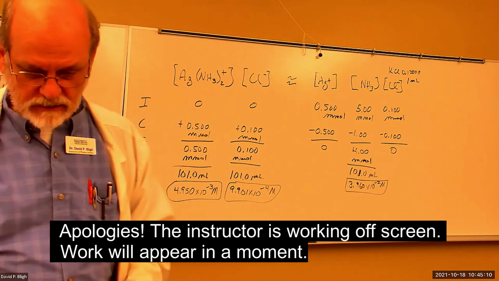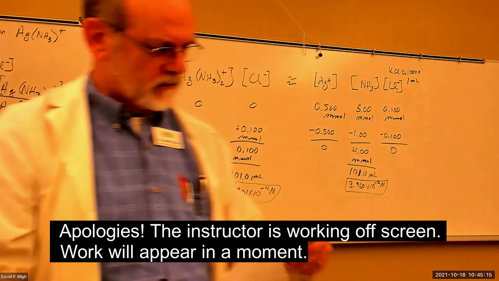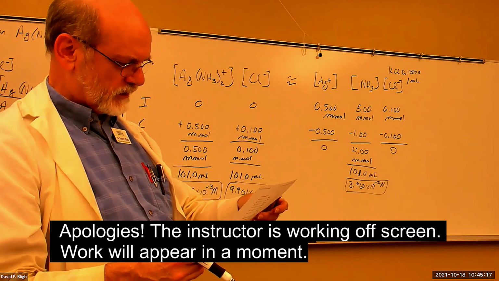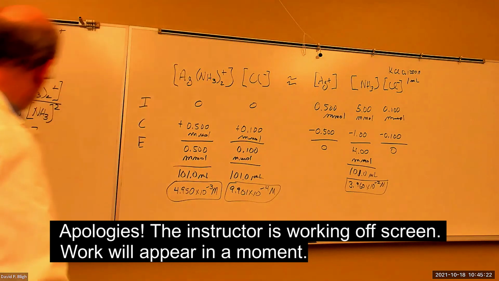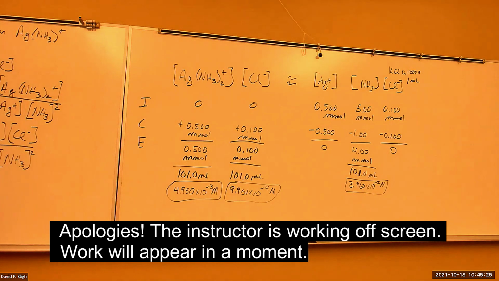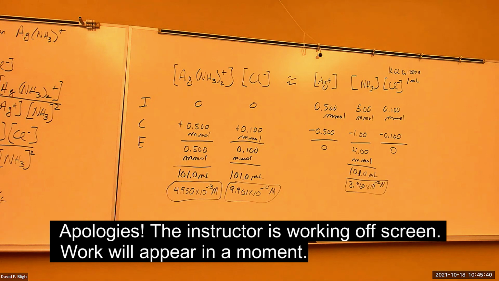I know where it'll be. A handout. It is complex ions. Silver, ammonia. It is ammonia, silver, ammonia. 1.6 times 10 to the 7th. Accepted. There you go. Well, that's accepted for this author. Okay. So you would just compare these two. You know, do your percent error. There you go.